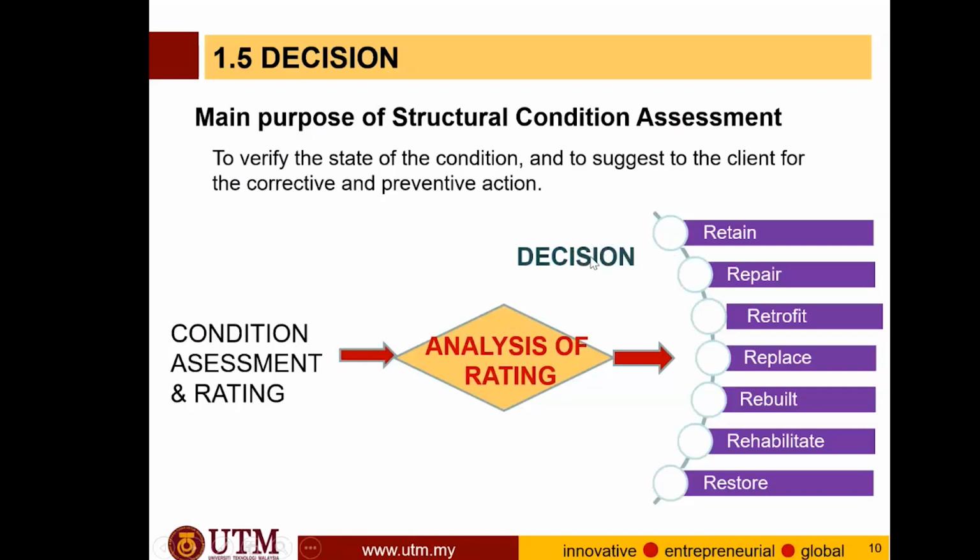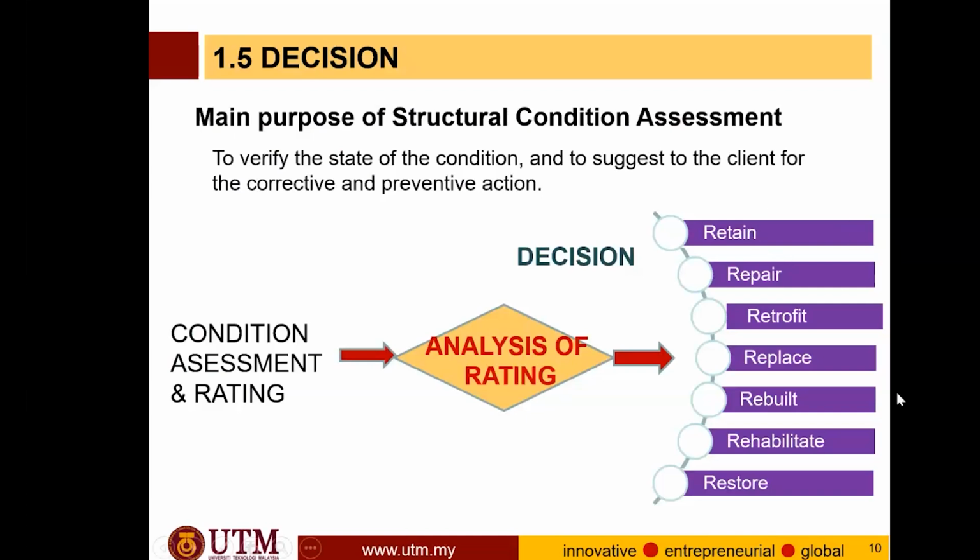The decision will be made by the higher authority, but as engineers we have to give suggestions or proposals to assist the higher authority to make the decision, especially if a certain rating condition involves engineering performance, or mechanical performance or structural performance of the building.